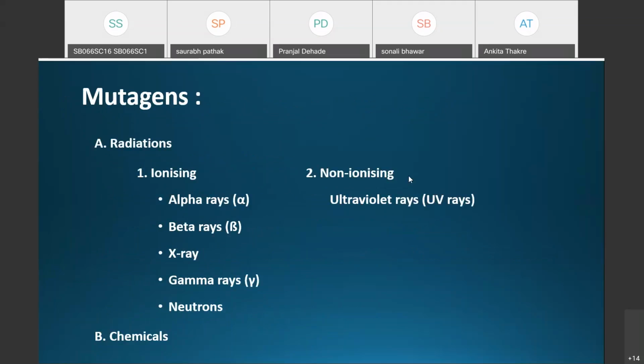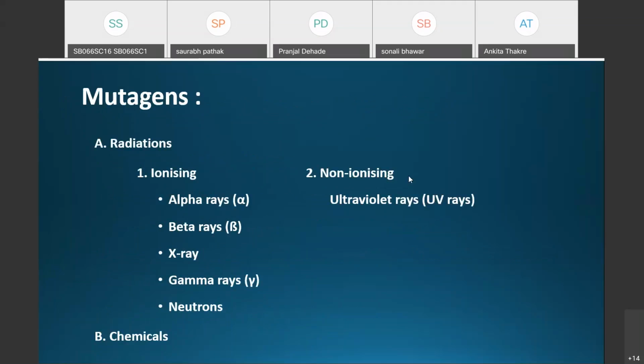Then the different types of mutagens: number one, radiations, and number two, different types of chemicals. These are used for artificially inducing mutations in plants. The first one is radiation.